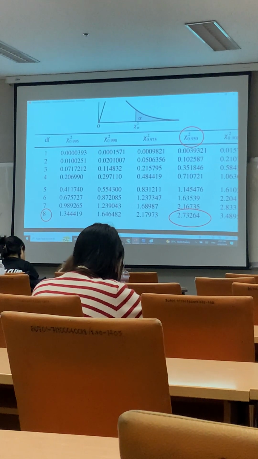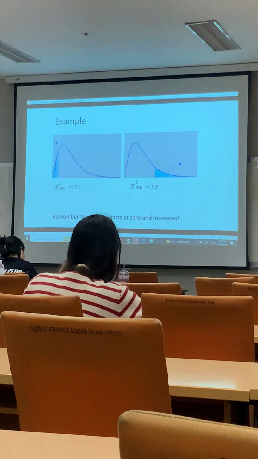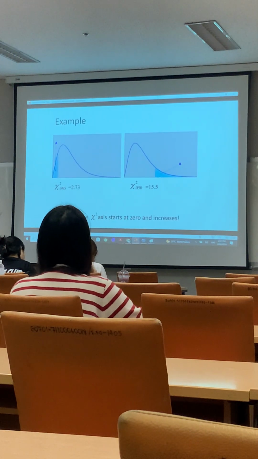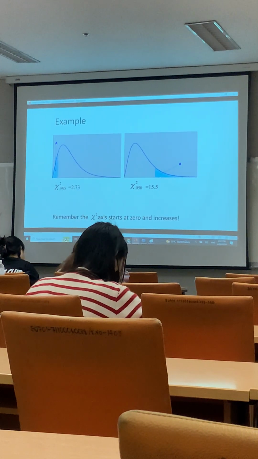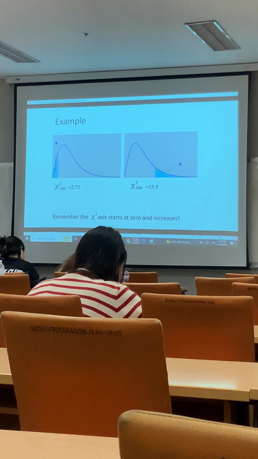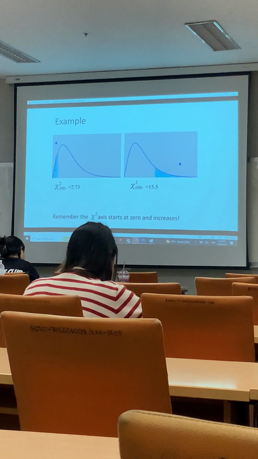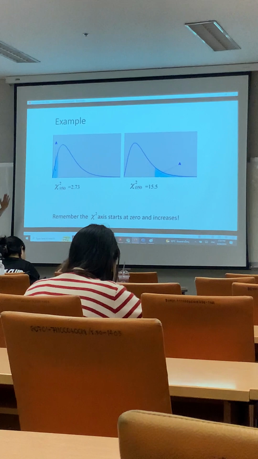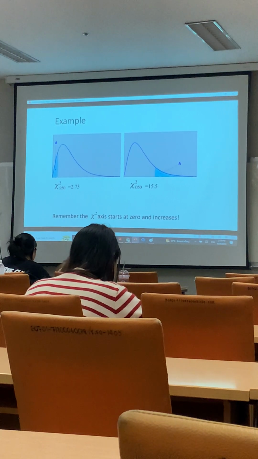So together, what we try to achieve here is this. We try to calculate the chi-square values that have 5% in the lower tail and 5% in the upper tail.